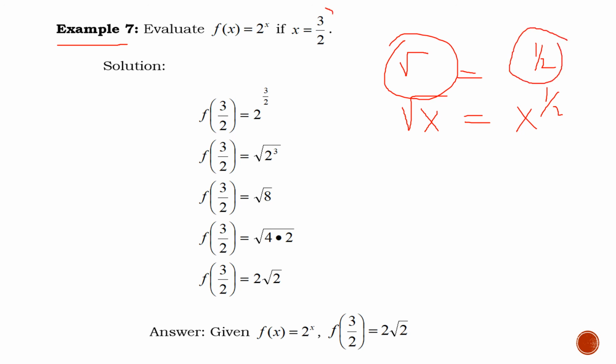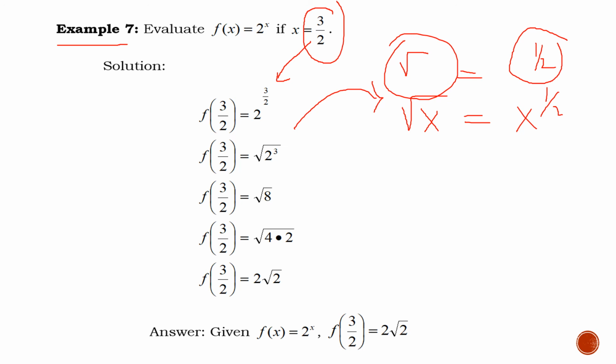If we apply this 3 over 2 as your exponent and replace the exponent x in f of x is equal to 2 raised to x, we can come up with the idea that 2 raised to 3 over 2 is equal to the square root of 2 raised to 3, by just following this pattern.